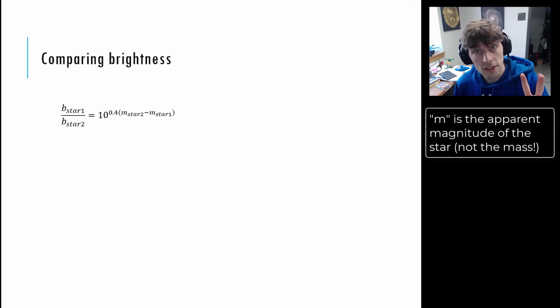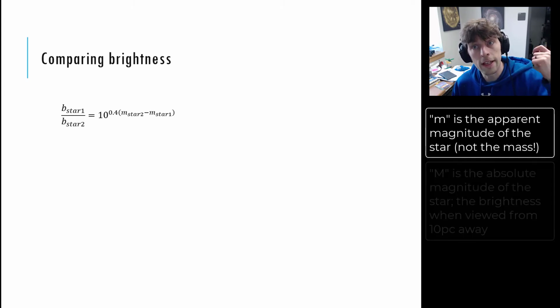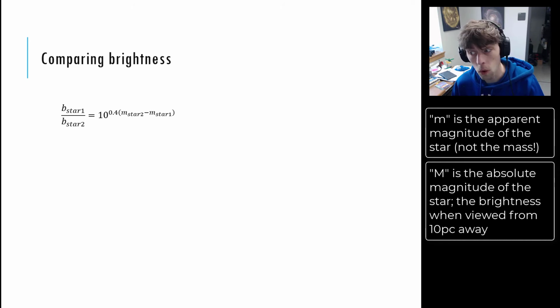The second distance I want to consider is the distance from that star to 10 parsecs. And when we look at a star from a distance of 10 parsecs, we call that the absolute brightness or the absolute magnitude. So I'm going to use this equation, but I'm going to think about comparing the star as seen from its current position to the star seen from a distance of 10 parsecs.